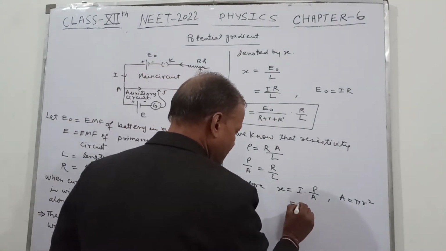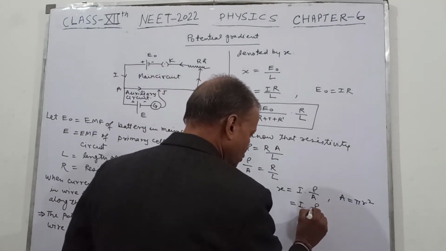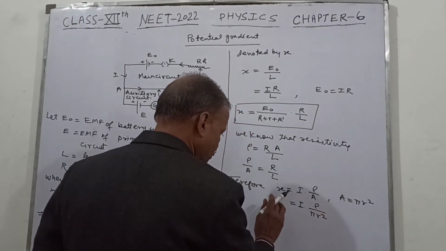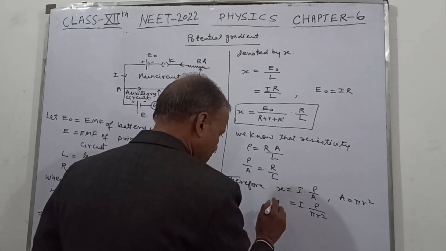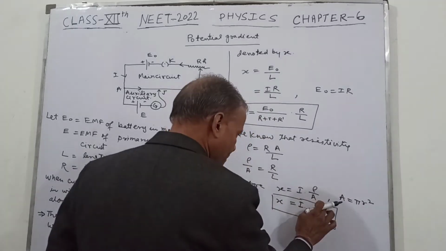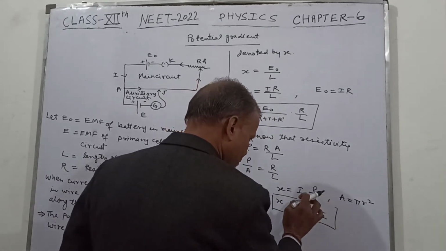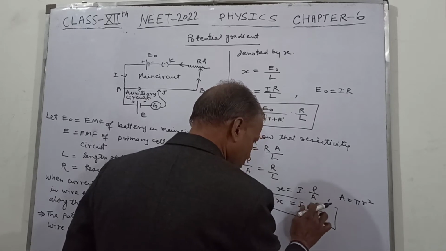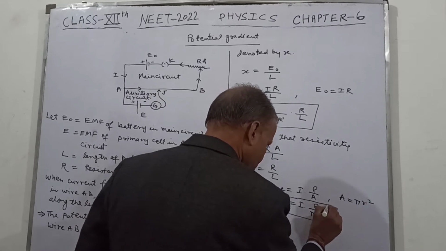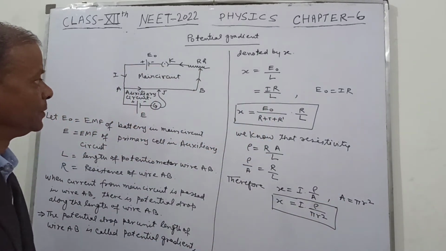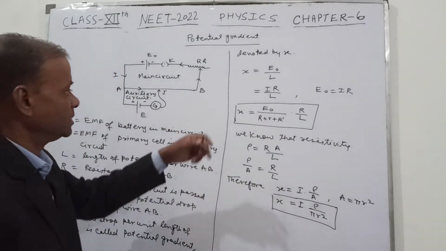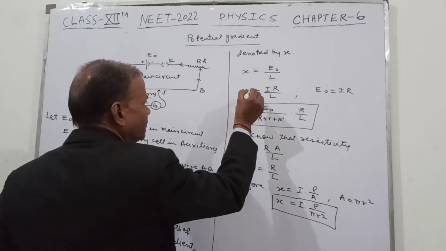So what we have is I into rho upon pi r square, equal to X. This is one more formula. So now we have these formulas, and these are the formulas of this X.